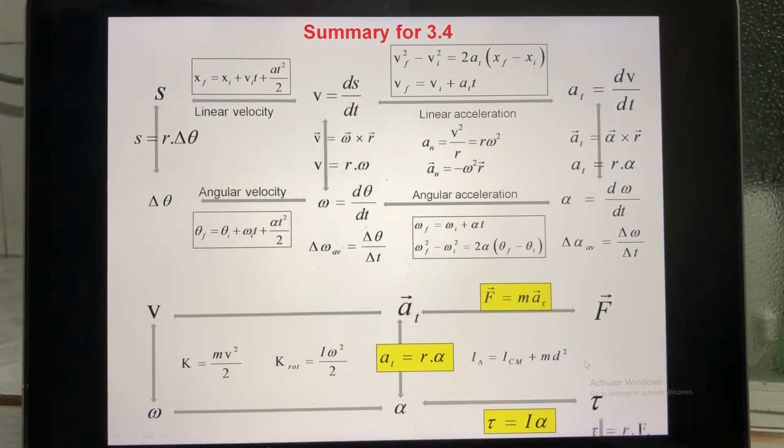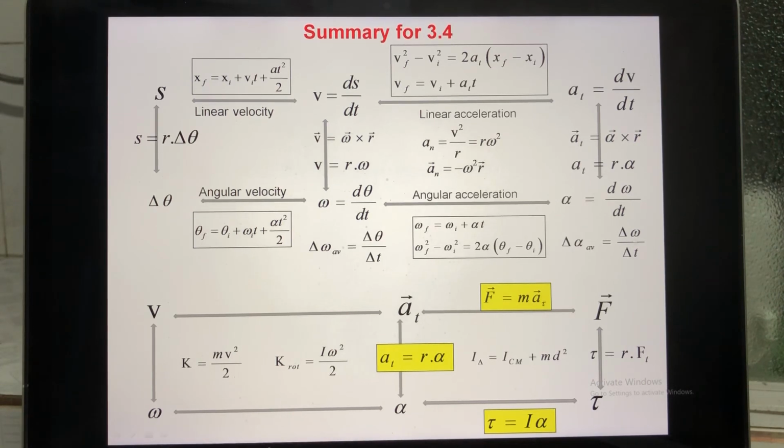It's like this, like this. But whenever you have I, please remember this formula also, okay? Because sometimes you don't consider the rotational axis which passes through the center of mass. So you have to focus on this formula to calculate I.